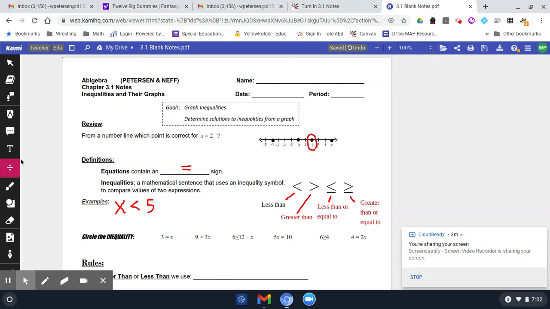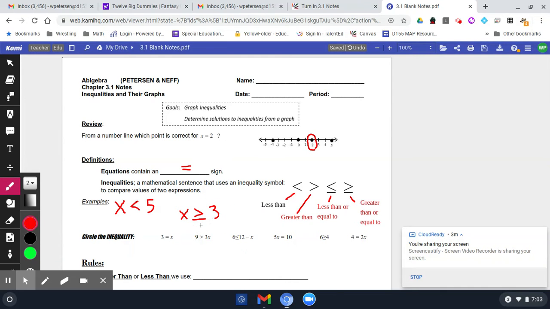And we can use those symbols in different ways. So I can put 2x, but we won't go there yet. Undo. So I can do x is now going to be greater than or equal to 3.